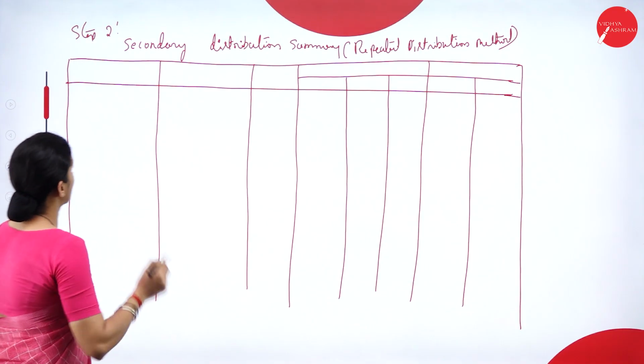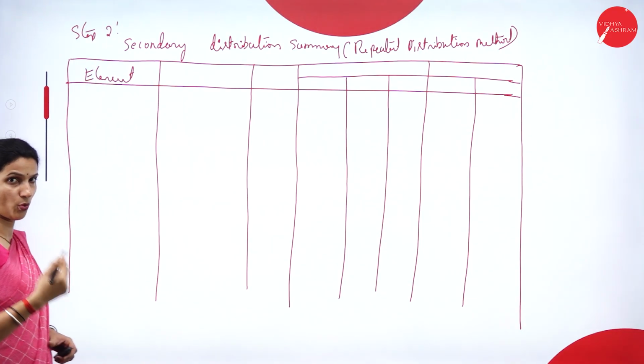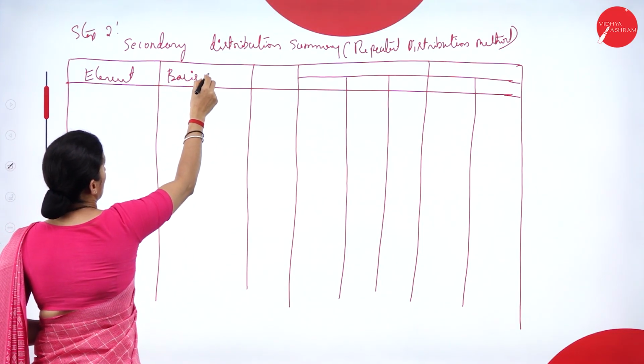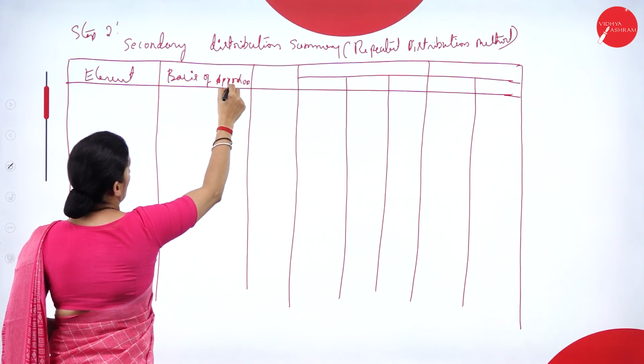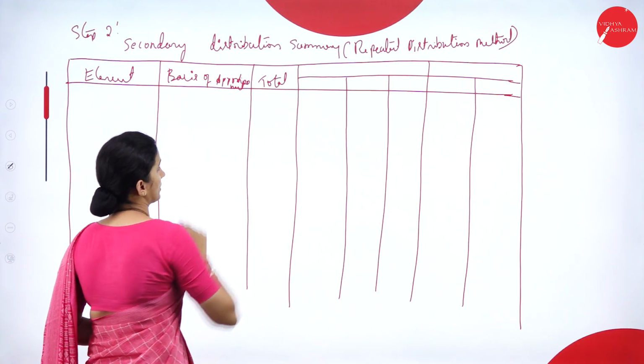Here we have 5 departments, 3 production departments and 2 service departments. So the columns we have: one to write the element of overheads, then the basis of apportionment, then the total.